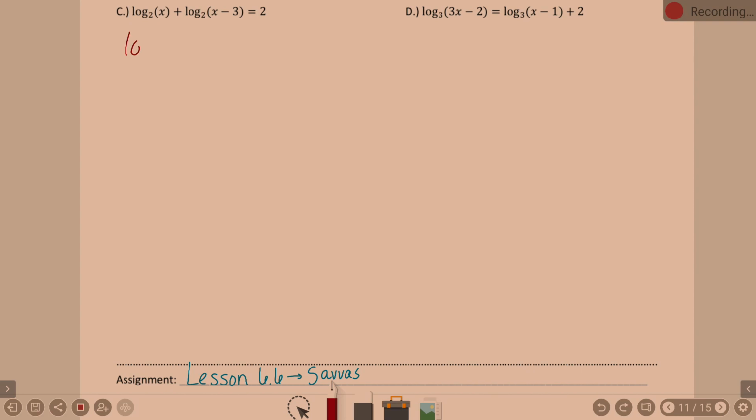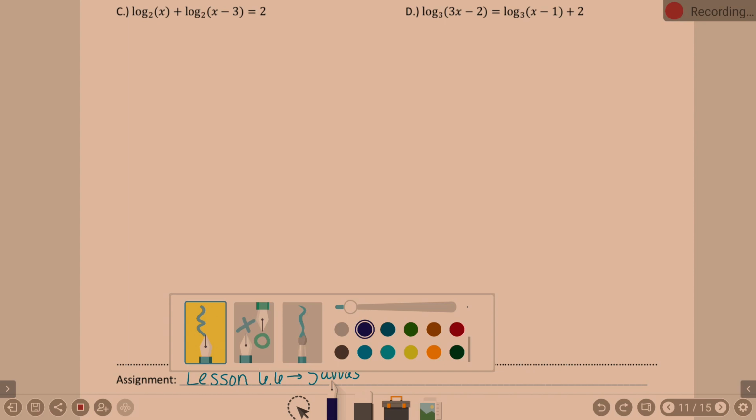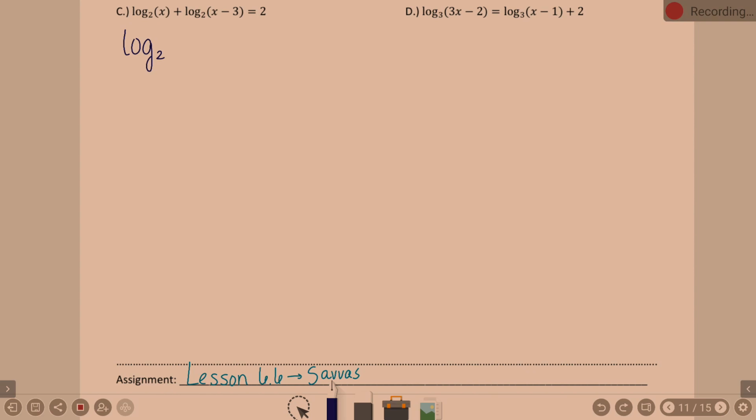I'm going to write this. Log base 2, two logs being added, and it's going to be x times x minus 3. I'm taking this as two steps just so I don't risk losing anyone.